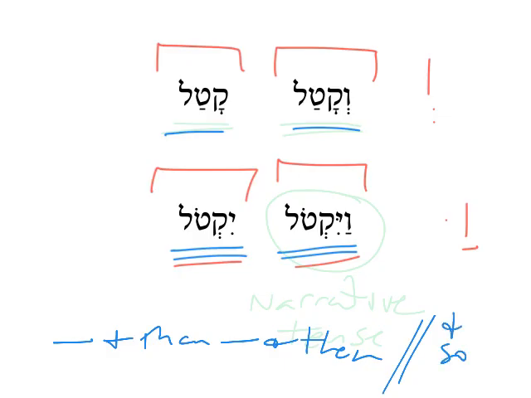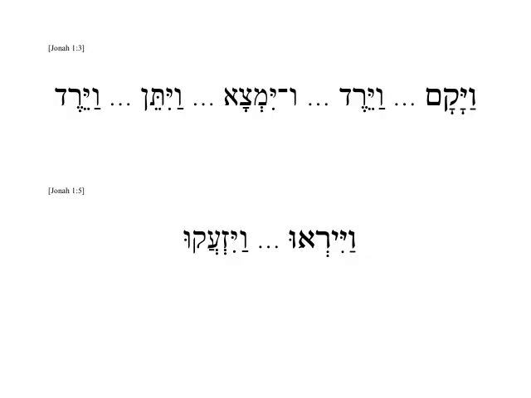Let's look at an example. Jonah chapter 1 verse 3 has a series of these vav consecutive imperfect verbs, one right after the other, through the verse. And so they connect the action in a sort of and then sense.